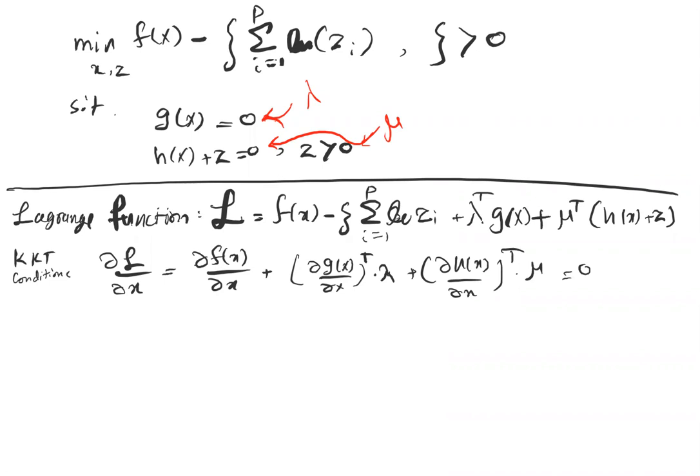This is going to be equal to 0. Derivative with respect to lambda is nothing but our original equality constraint. Derivative with respect to mu is nothing but our transformed inequality constraints that now are equality constraints.